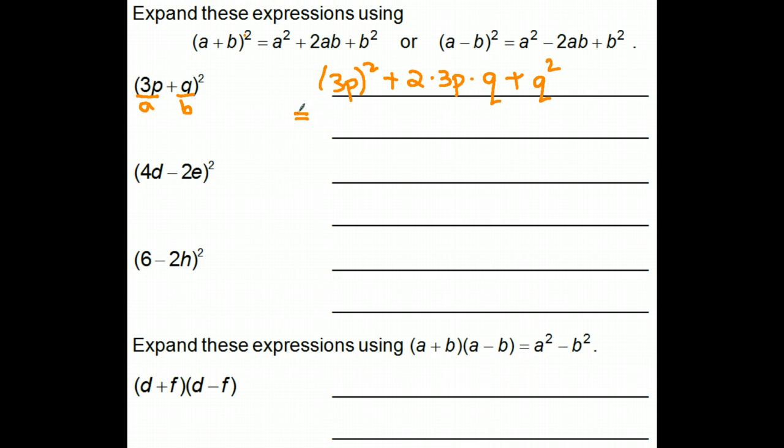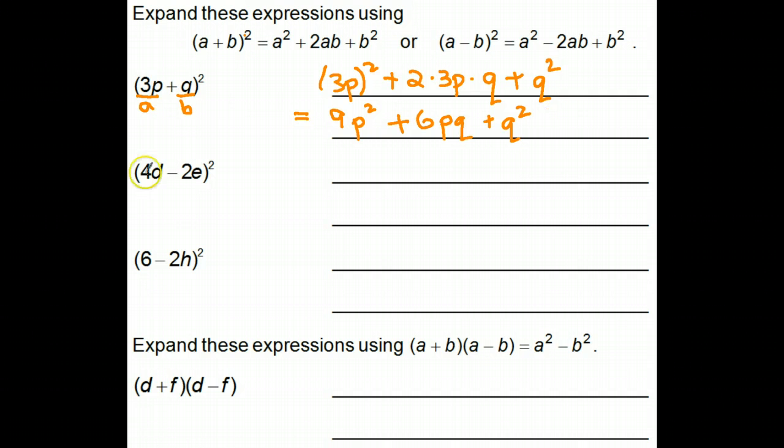Okay, let's go ahead and simplify that. (3p) all squared is 3 squared, which is 9p squared, plus 2 times 3 is 6pq, plus q squared.